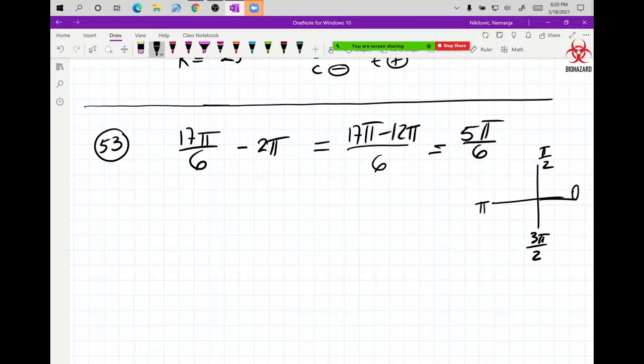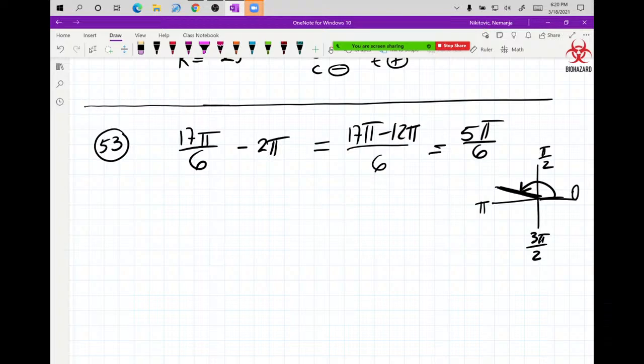So 6 pi over 6 cancels down to pi. It has to be this angle right here. That's the angle, right? Because 5 pi over 6 is 1 pi over 6 away from 6 pi over 6.